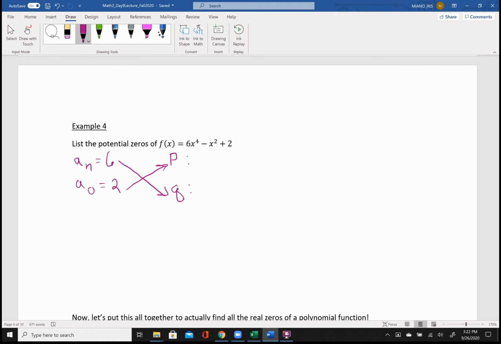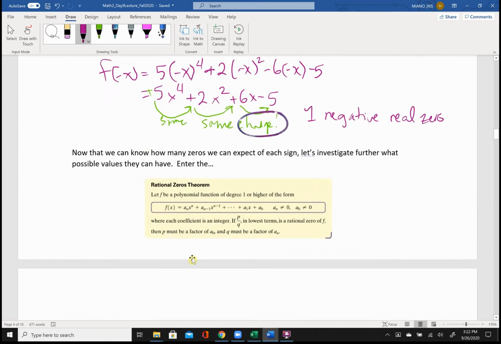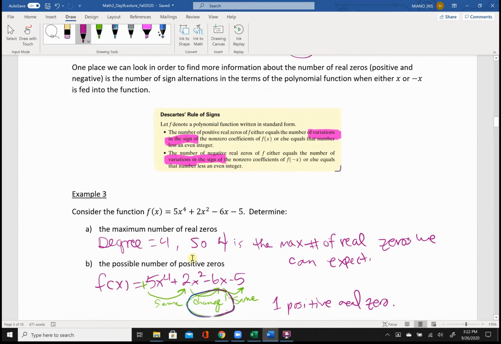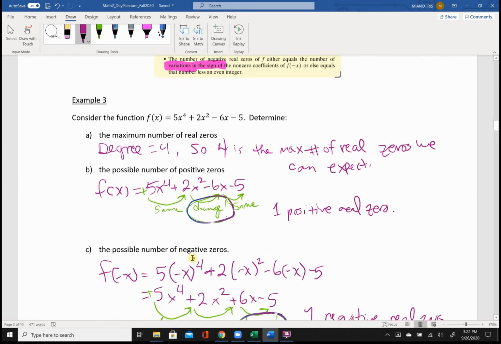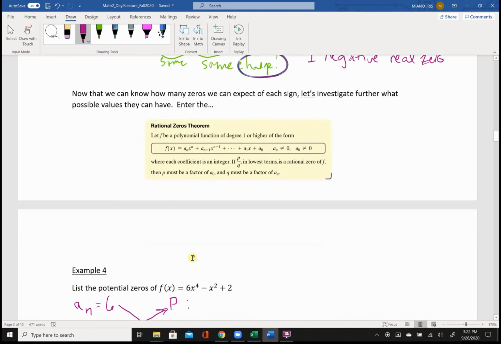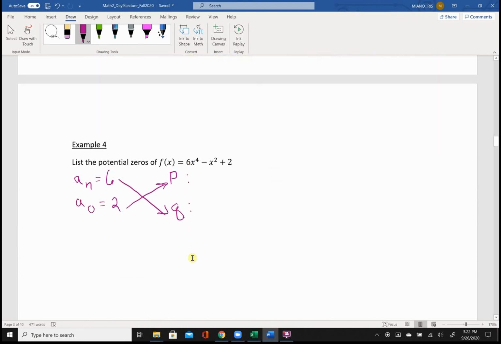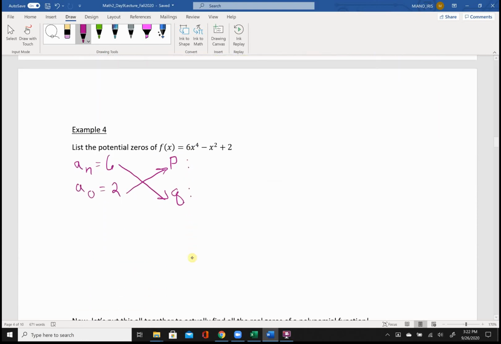And now that we did the sign analysis earlier, the Descartes rule of signs, but let's just say that we had at least some positive or negative zeros. Let's just assume that here without taking the time to actually do it.